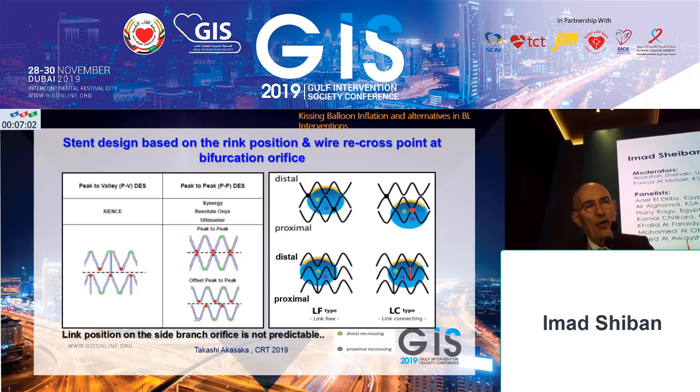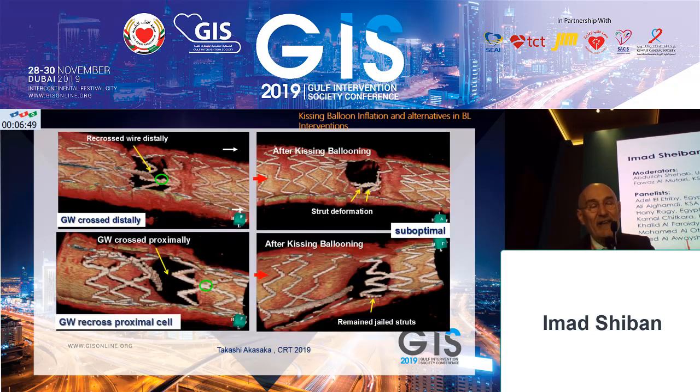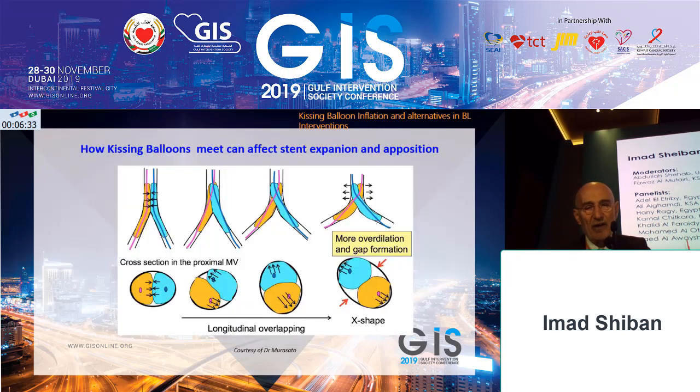That also depends on the type of the stent and link on the stent, whether peak-to-valley link or peak-to-peak link, and this is translated in daily practice to what you see here on OCT. Whether you are crossing proximally or distally, it depends on the location of the link, and you might end up with a suboptimal result as well, whether you are crossing distally or proximally.